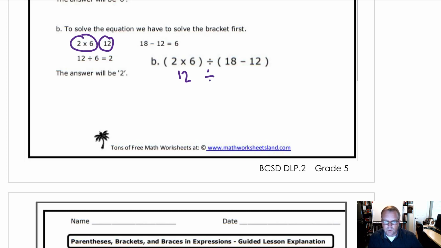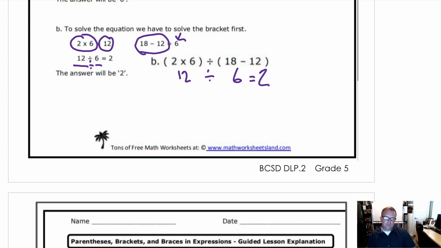I know that 2 times 6 is 12, divided by whatever the difference turns out to be here. So they say 18 minus 12 equals 6. So I know this part's 6. And now they know that we have 12 divided by 6 equals 2. So this will equal 2.